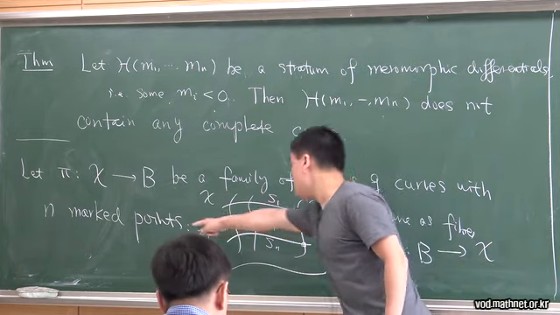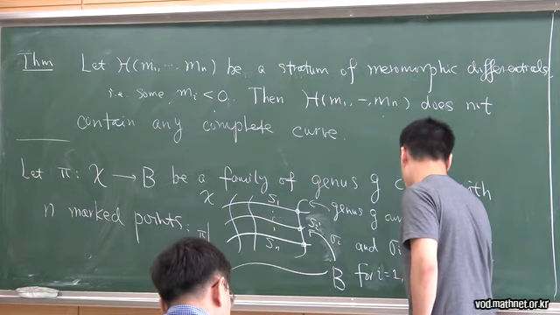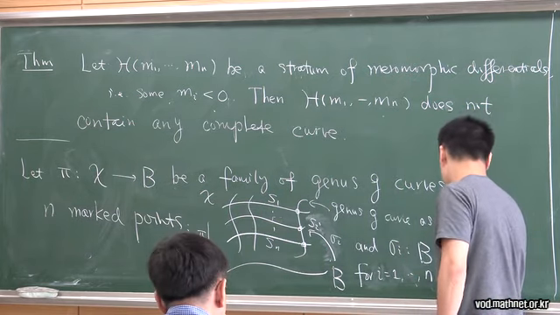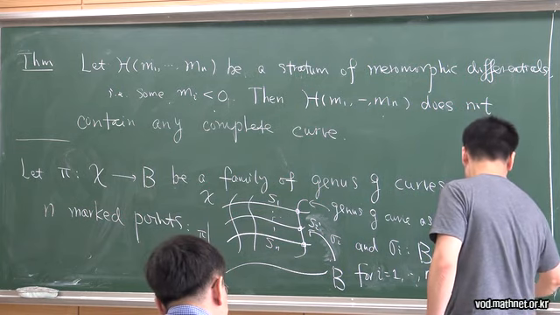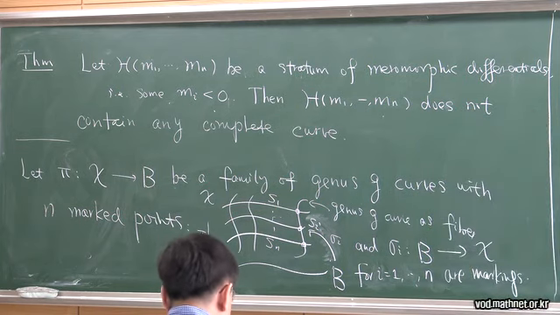I need n marked points, that means n sections for i from 1 to n. These are like marked points, or sections of marked points. That's how you think of a family of genus g curves with n markings.